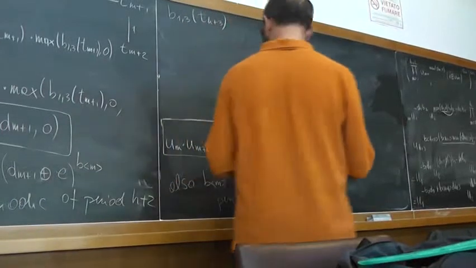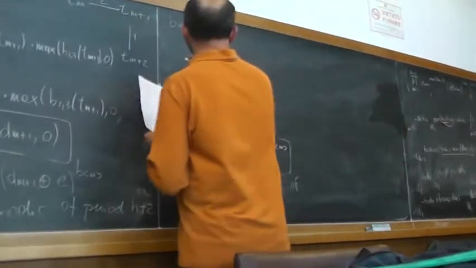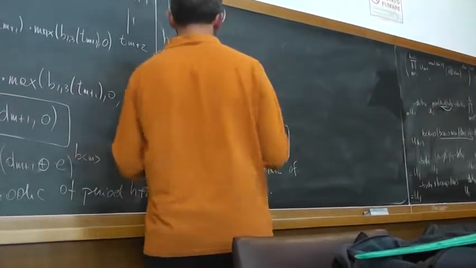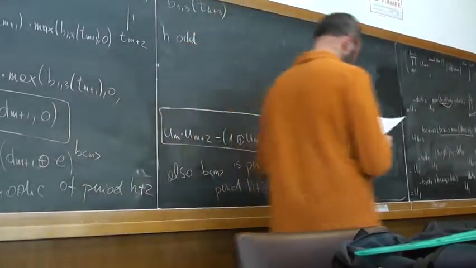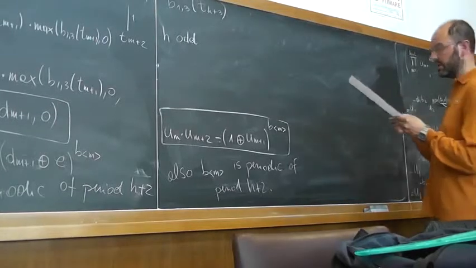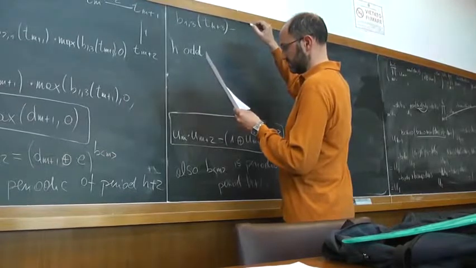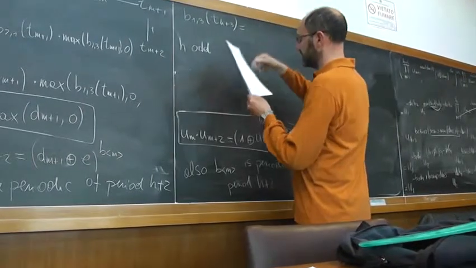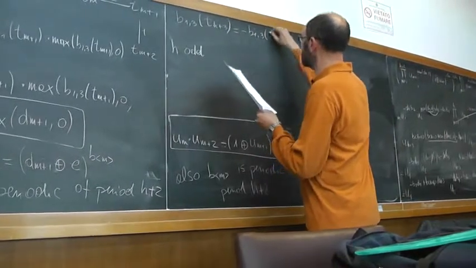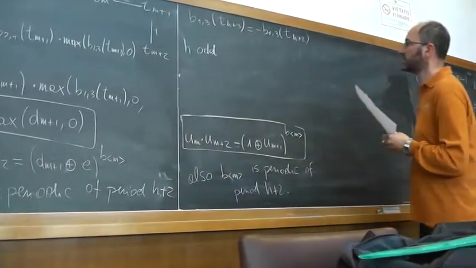So, consider the case where H is odd. If h is odd, b13 t h plus 3 is minus b13 of t h plus 2.